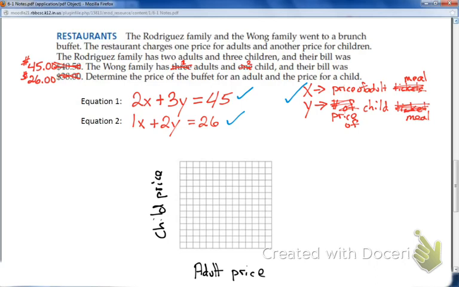I think I'll be good by just counting by ones. So here we have 0, 1, 2, 3, 4, 5, 6, 7, 8, 9, 10, 11, 12, 13, 14. I doubt the meal will cost more than $14. Same thing here on the child's price. 1, 2, 3, 4, 5, 6, 7, 8, 9, 10, 11, 12, 13, 14.